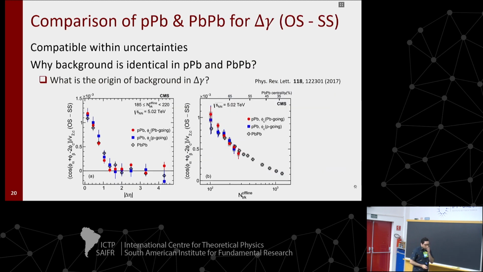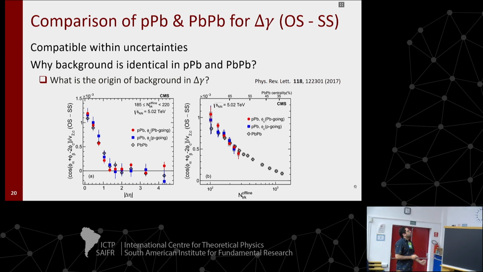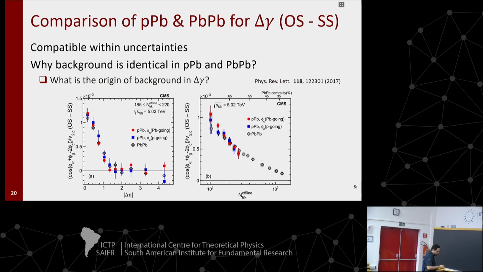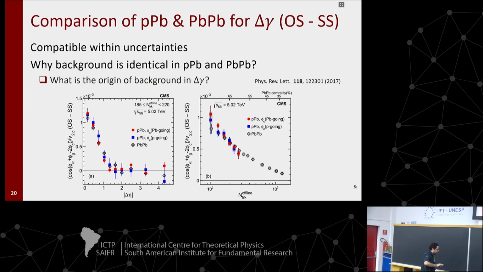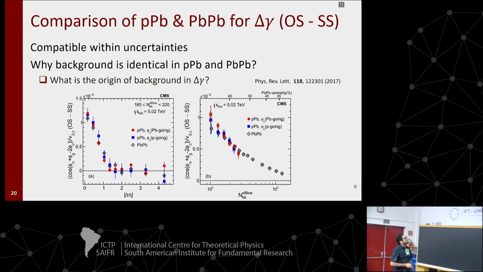So what we did was calculate this three-particle correlation. Actually, the plot that I showed before was for opposite-sign particles and same-sign ones. And here we took the delta to remove the charge-independent backgrounds, and this is what we got.